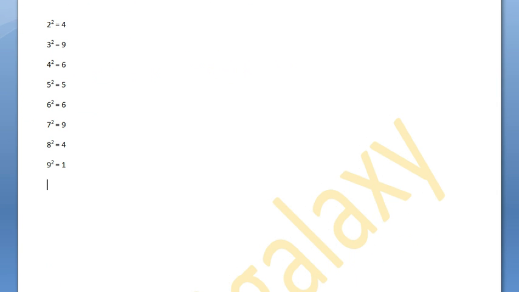Similarly, 3 square is equal to 9, and so on. So if any number has 1 at its units place, on calculating its square, it will have 1 at its units place. Similarly, 2 square is 4, 3 square 9, 4 square 6, 5 square 5, 6 square 6, 7 square 9 (7 sevens are 49), 8 square 4, and 9 square 1.